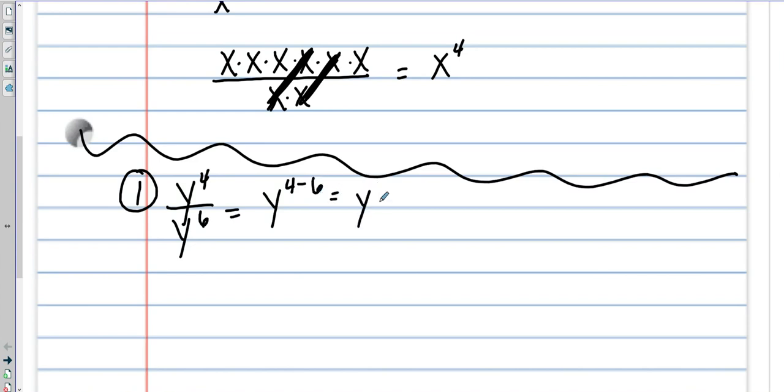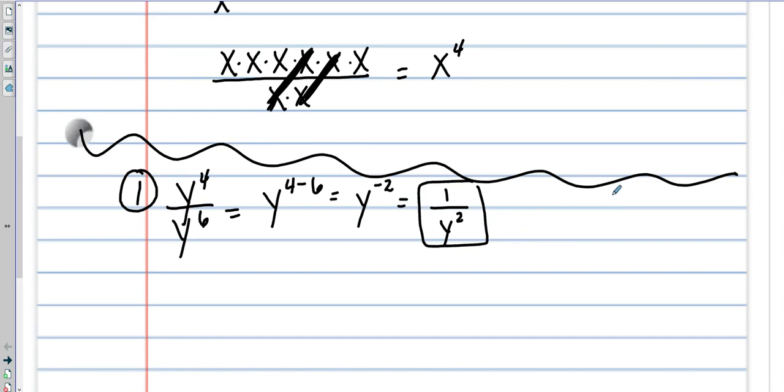When you subtract, you end up with y to the negative 2nd power. Now, if your multiple choice answers have this with the negative exponent, that's fine. Go ahead and choose your answer. But if the directions tell you to only have positive exponents, then you have to move this to the bottom because of the negative rule. So you end up with 1 over y to the positive 2nd power, and this should be your answer.